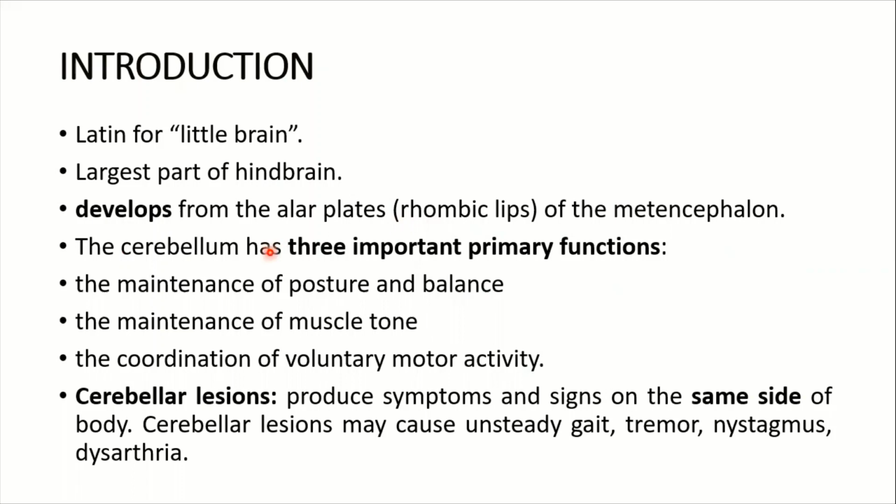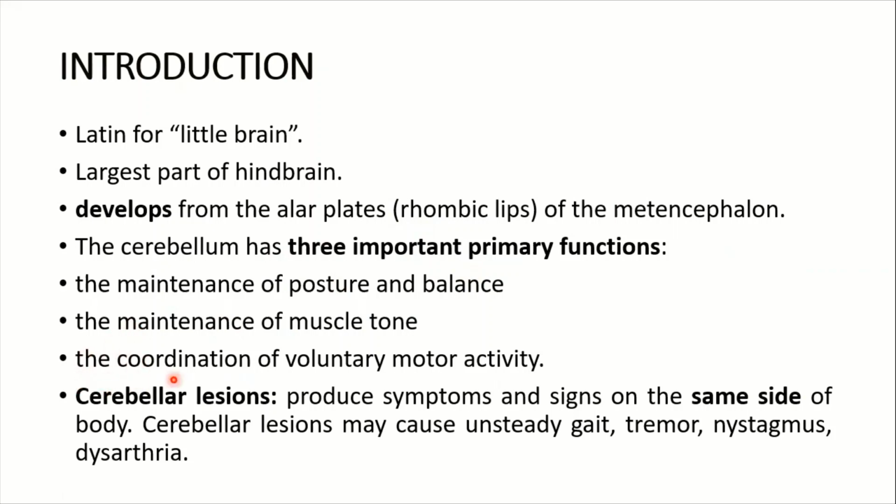I have to emphasize that the cerebellum is very important in motor activity. These three primary functions are the maintenance of posture and balance, the maintenance of muscle tone, and the coordination of voluntary motor activity. I will try to present the functions of the cerebellum in a separate lecture too.